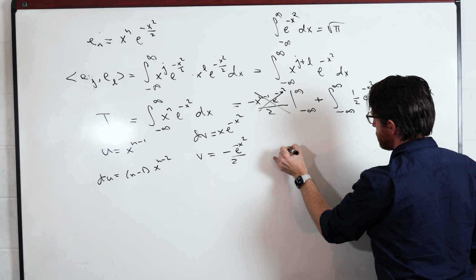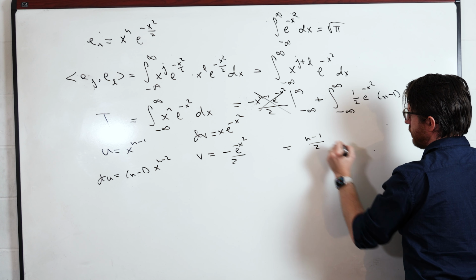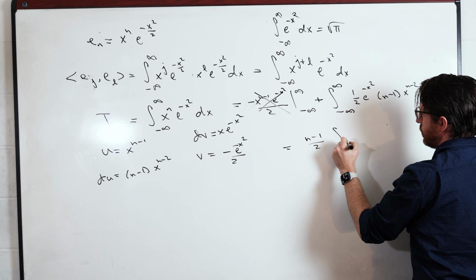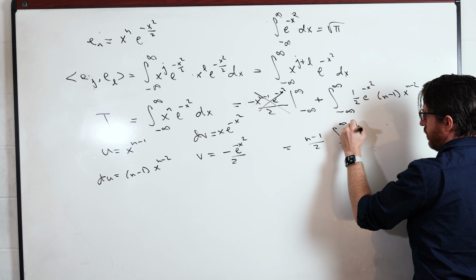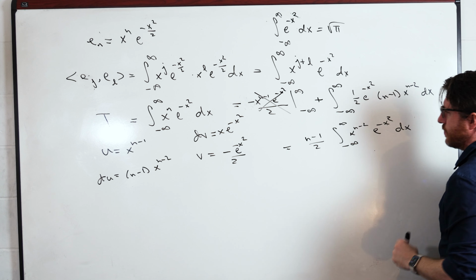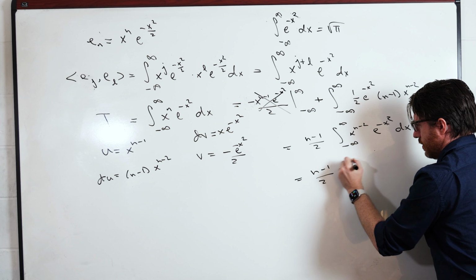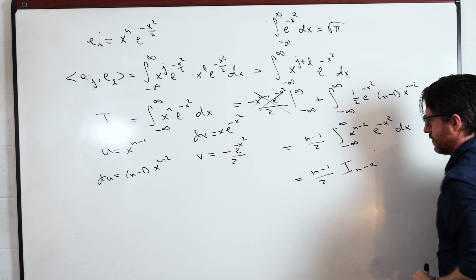And rewriting this, we end up getting n minus 1 divided by 2 times the integral from minus infinity to infinity of x to the n minus 2 e to the minus x squared dx, or n minus 1 divided by 2 times I_{n-2}.